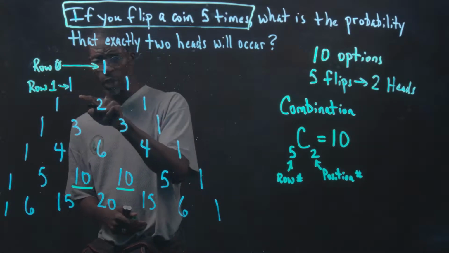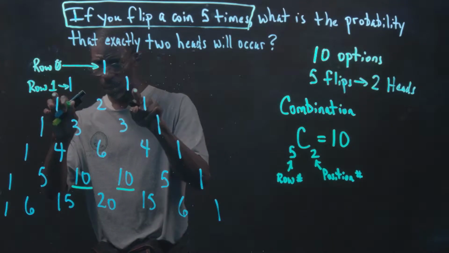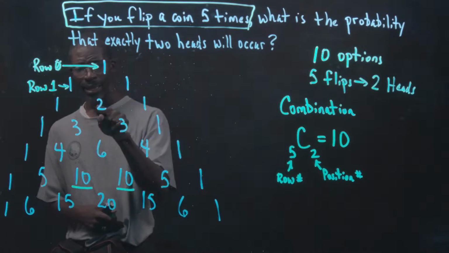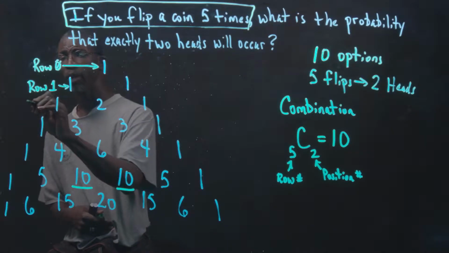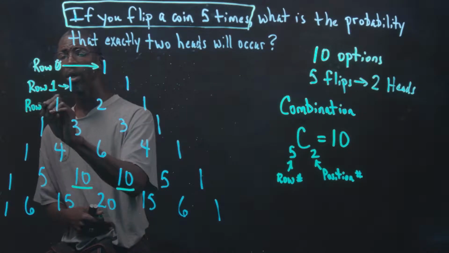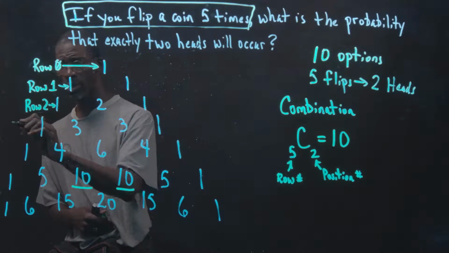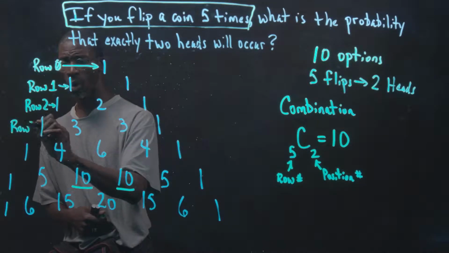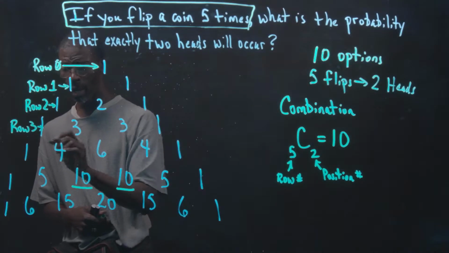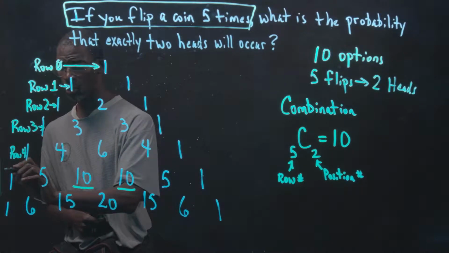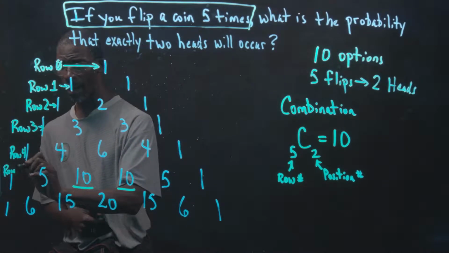So the second number in this row is a 1. That's why this is row 1. There is no second number in this row. That's why this is row 0. The second number in this row is 2. Therefore, this row is row 2. Second number here is 3, so this is row 3. This is row 4, and then this is row 5.